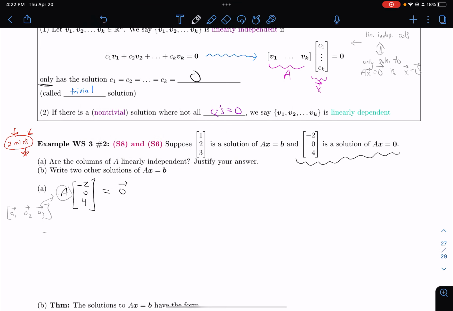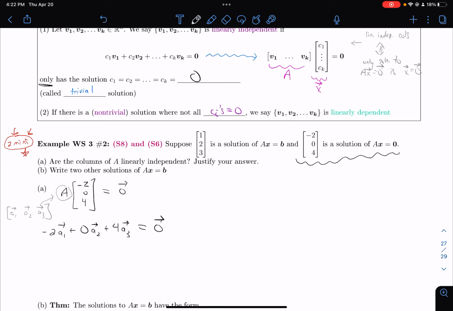It's the first entry, -2, times the first column, A1, plus the next entry, 0, times the second column, A2, plus the third entry, 4, times the third column, A3. And that needs to be equal to 0. That is one of the ways that we multiply a matrix times a vector. You get a linear combination of its columns.